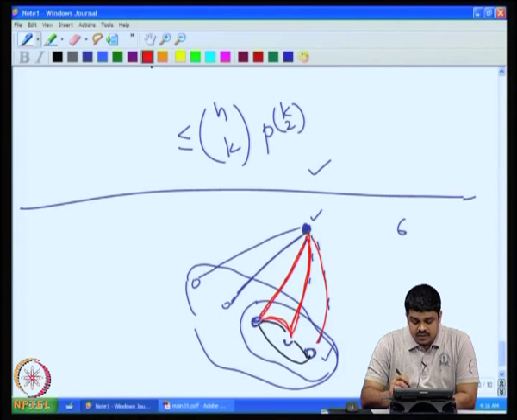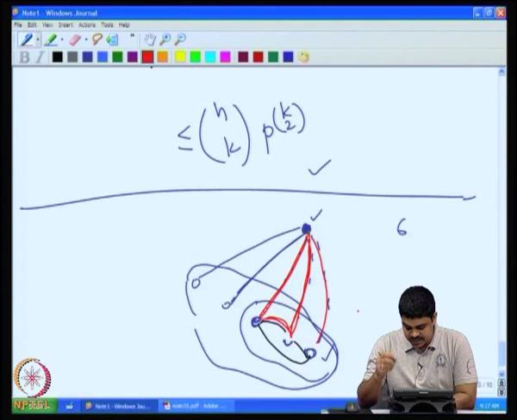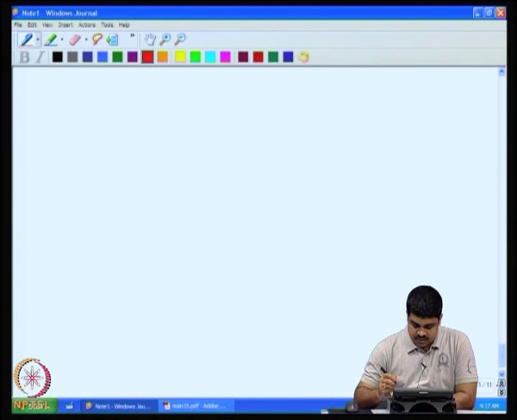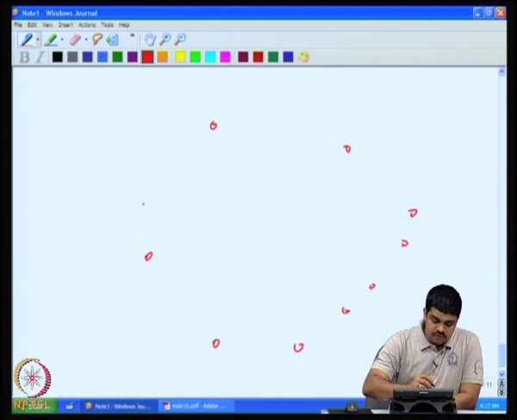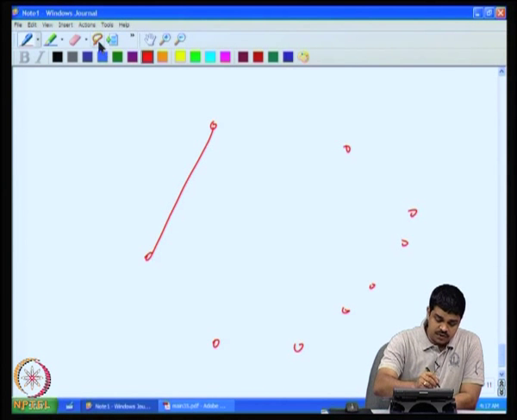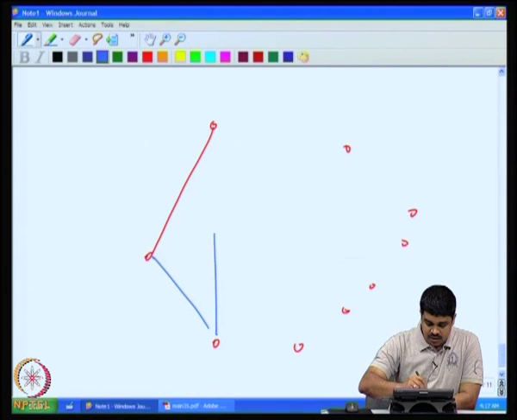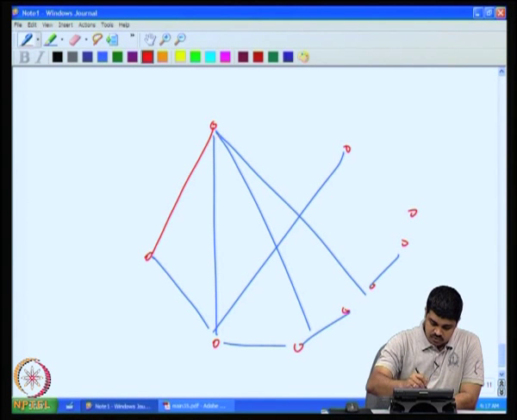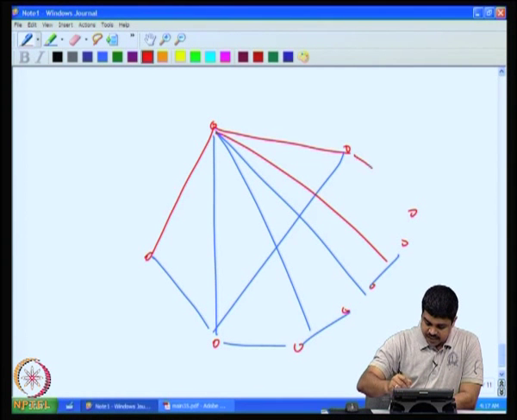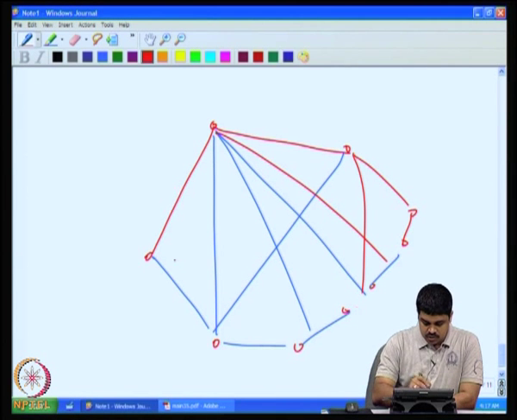Now, we can always ask a more general question here. Suppose we have a graph of several people. When they know each other we put an edge, and if they do not know each other we do not put an edge, or we can use a different color to indicate that.